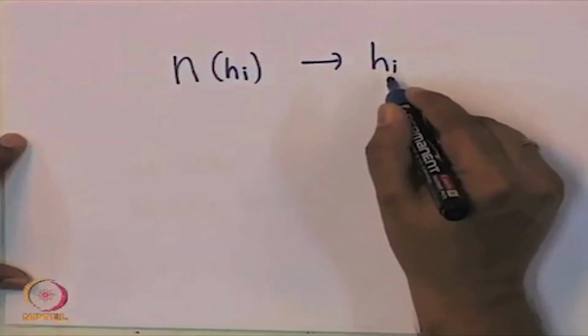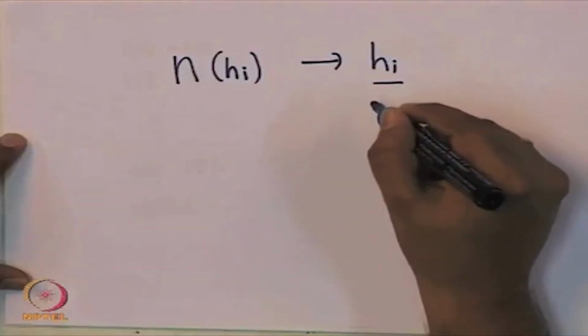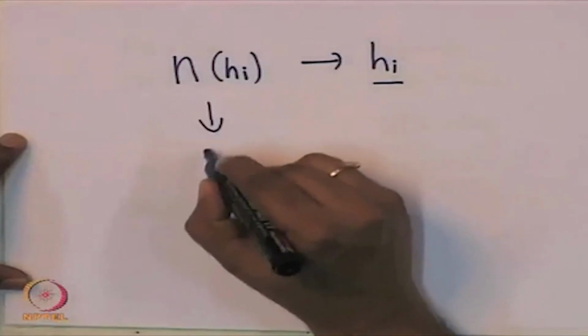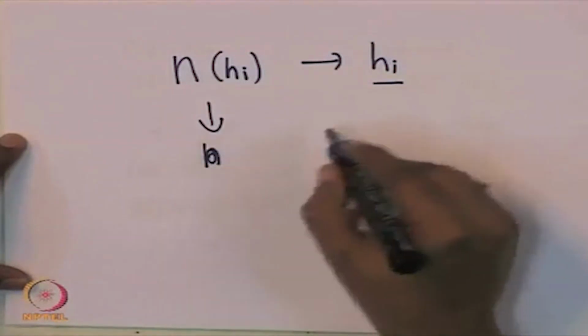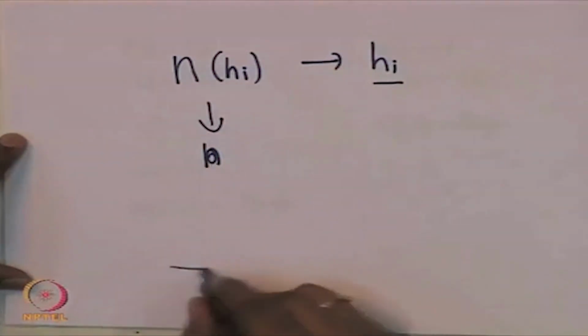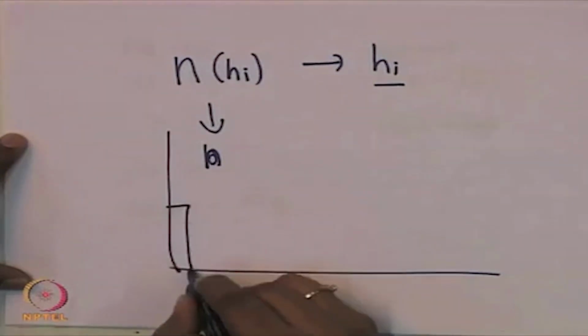The heights could be 131, 151, 162, any number. In short, you can call this. Now let us say you plot this as a distribution. If you plot this as a distribution, you will have many histograms. So let us say you have a histogram.